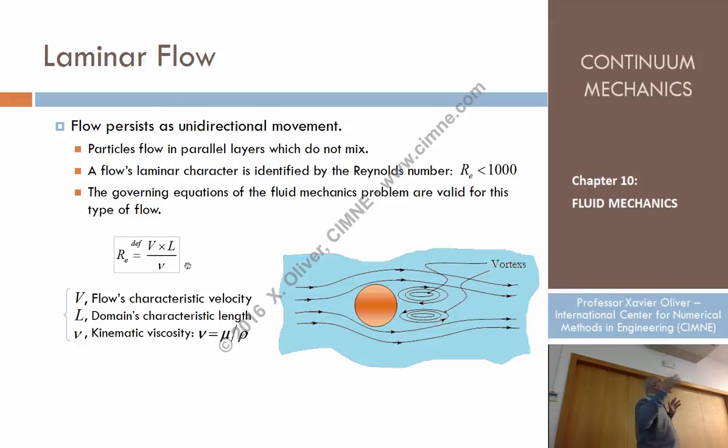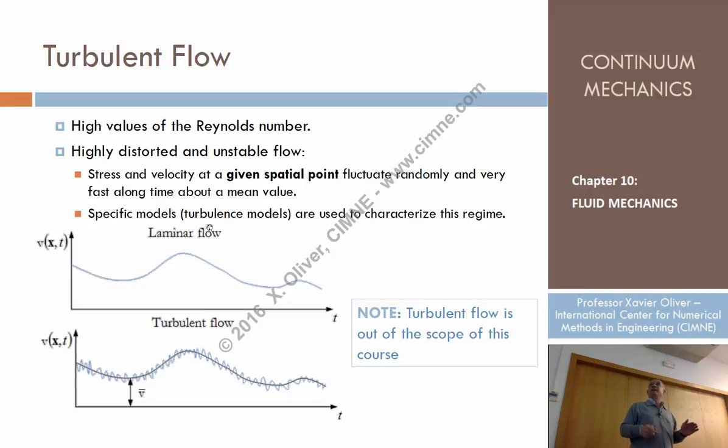For instance, aeronautics engineers work with air as a fluid. Air is a low viscosity fluid, and for an aircraft flying, around the wings, the velocity of the air is very large. So the Reynolds number can be very large, and then we enter another world: the turbulent flow.